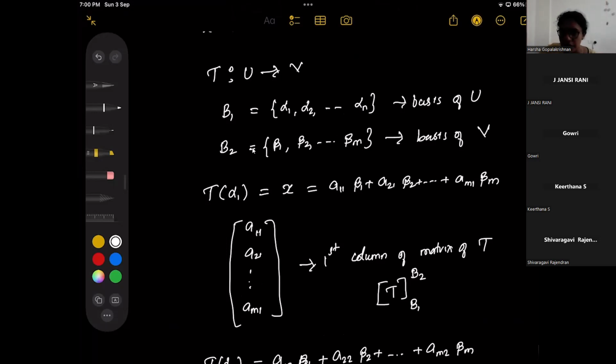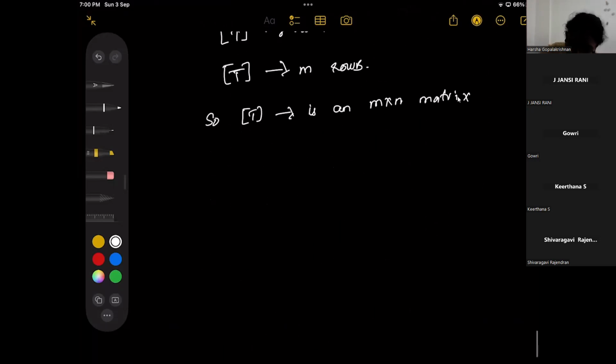B1 is the basis of U, and B2 is the basis of V. That means m is the dimension of V, and n is the dimension of U. So T is an m by n matrix with m equal to the dimension of V and n equal to the dimension of U. So this is the general way to write the matrix form. In general, while taking the basis, we will take the standard basis. So now we will go to our T map.